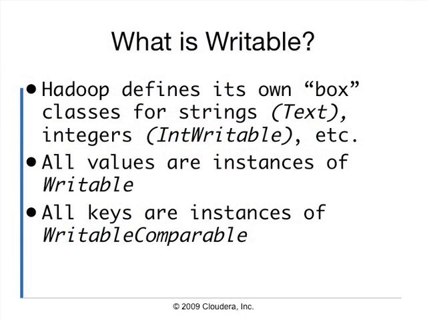So these keys and values are marked as Writable and WritableComparable. And what does that mean? Well, they have their own data marshalling format that does not use Java's native serialization. The native serialization is very heavyweight, and also, when they started this project 2 years ago, it wasn't particularly stable. So they rolled their own. This means that they have their own box classes that implement the methods to marshal data in and out.